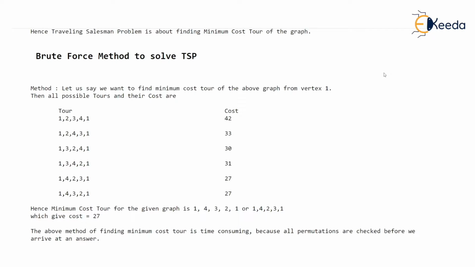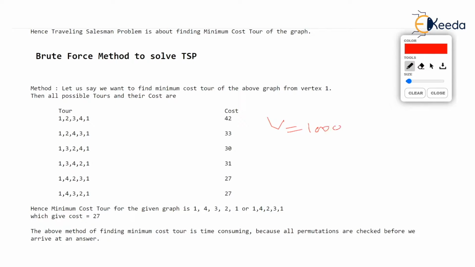Then we will have 999 factorial tours to be checked, compute their costs and then select the minimum. This is too time consuming, isn't it? That's why the time complexity using the brute force method was big O of V factorial.